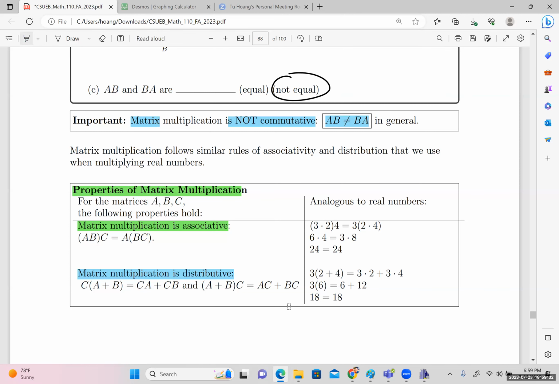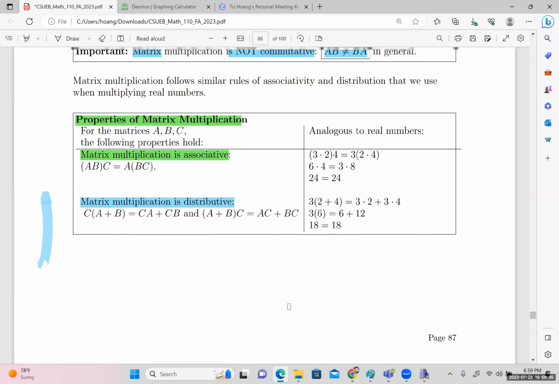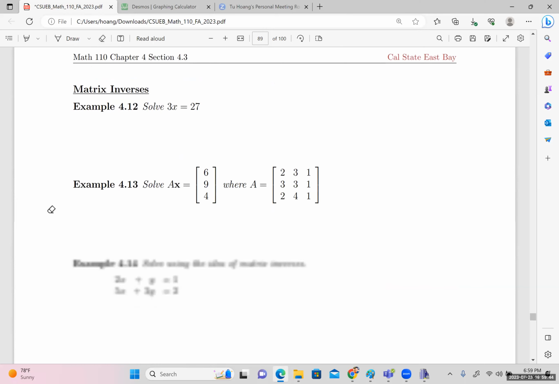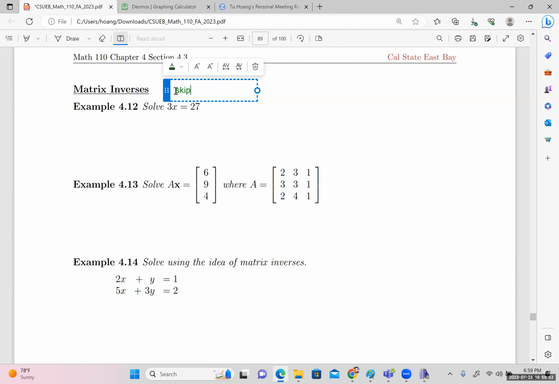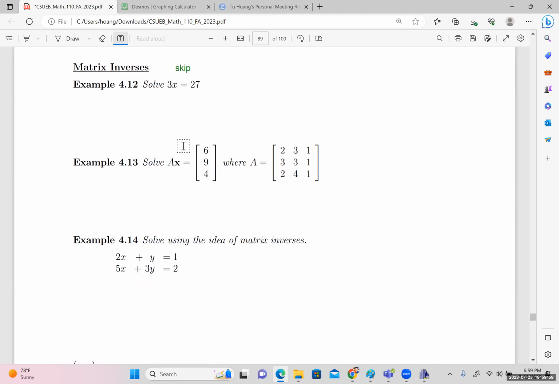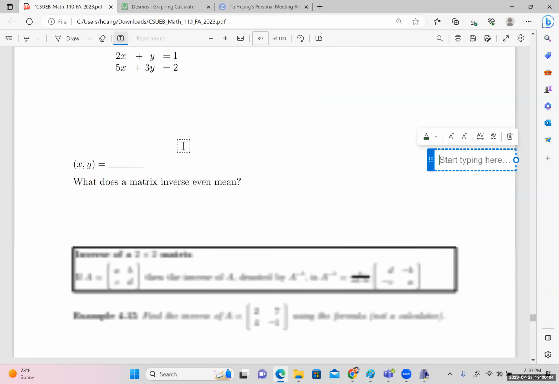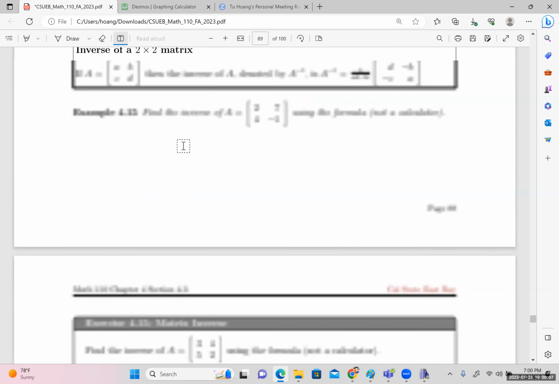Okay. So let's move to the next part. We're going to skip this part. I don't want to solve this one by inverse, so I don't want to cover this one. Let's see.